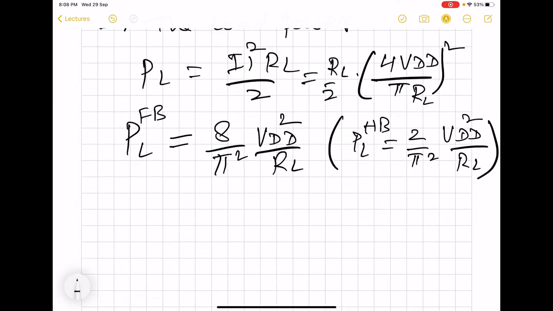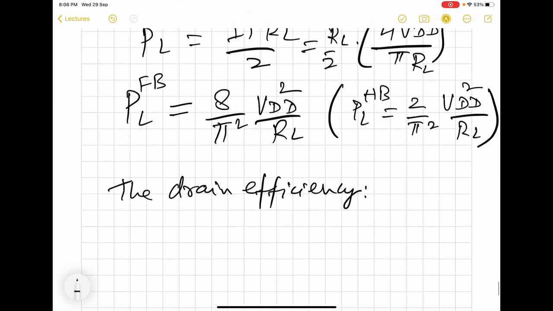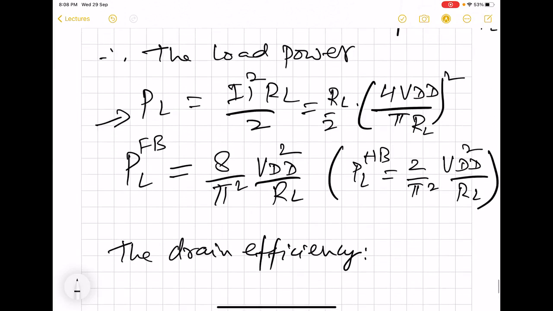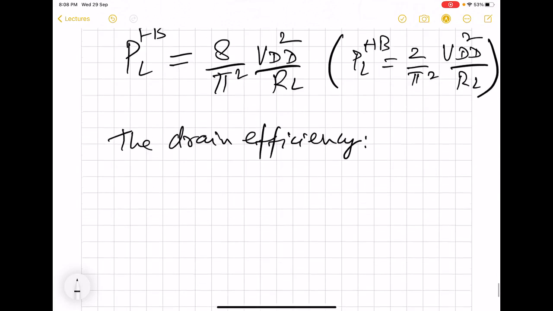Now one can calculate what will be the drain efficiency. PL we have already calculated here. Now we just need to find out PDC. So PDC is going to be VDD, that is the supply, multiplied by IDC. So we have to see what is the IDC.